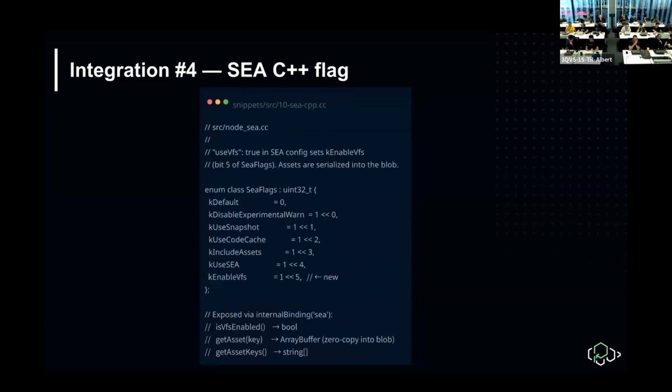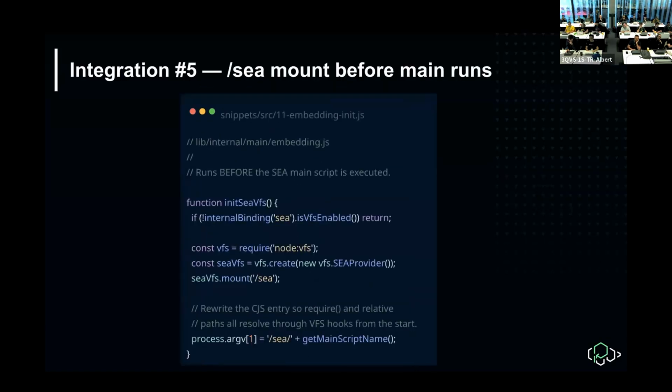We have some SCA integration, which seems relatively easy to go through. Note that with SCA, the /SCA, if you enable it, mounts before main runs, okay? To be clear, what I've also tested is shipping the full tree of an application inside a SQLite database, for example, and it works really well, to be honest.